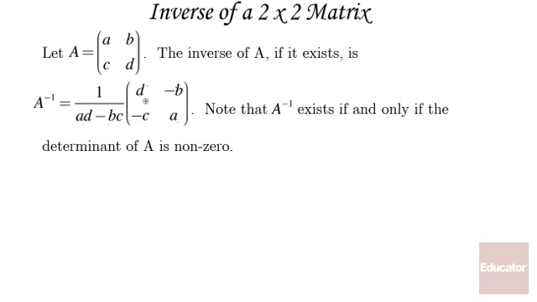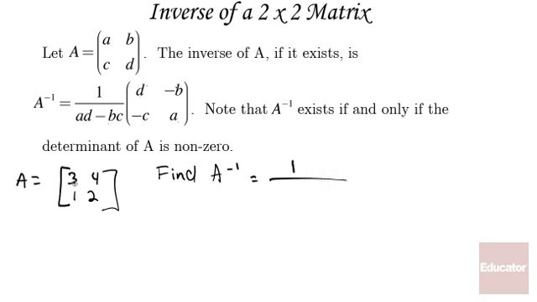So if I had numbers here, let's look at that. If I was told that A is the matrix 3, 4, 1, 2, and I was told to find A inverse, well, then I would take 1 over the determinant, which is 3 times 2 minus 4 times 1, times, now to find this matrix, I'm going to switch these positions.